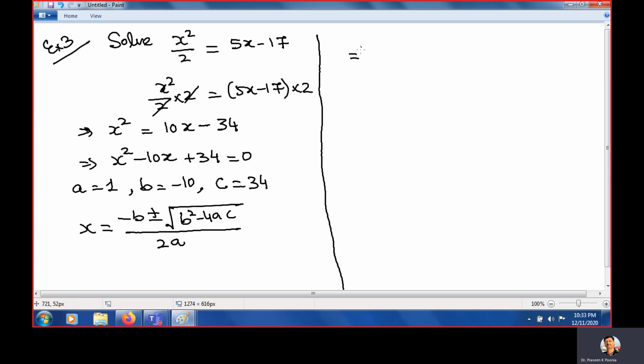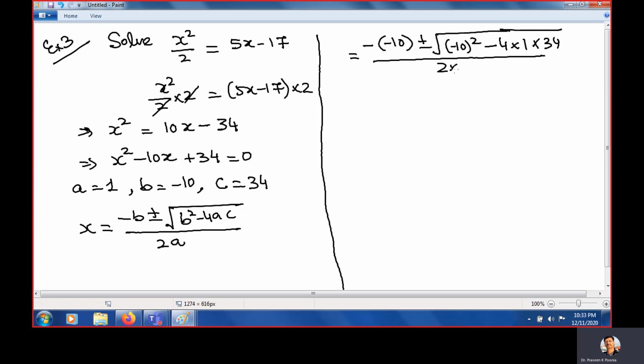If we are putting the values, it is minus b is minus 10 plus minus square root minus 10 whole square minus 4 into a is 1 and c is 34 and upon 2 into 1.